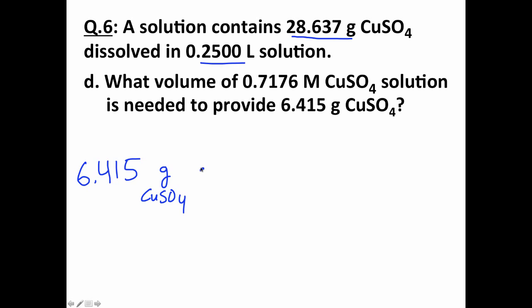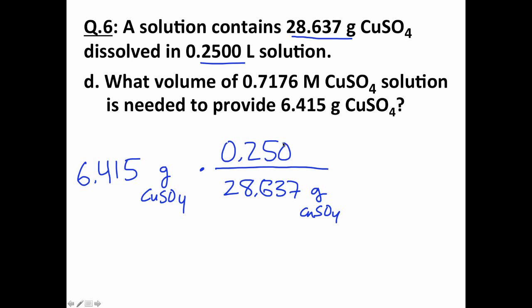And so we could, in this particular case, say our conversion factor is there's 28.637 grams of copper sulfate in 0.2500 liters of the copper sulfate solution.